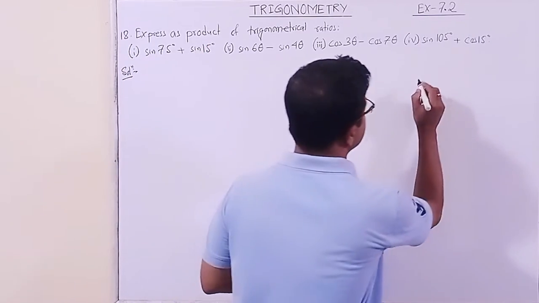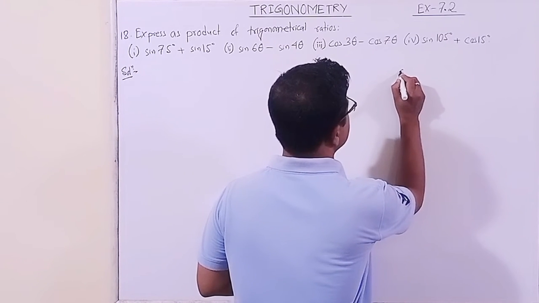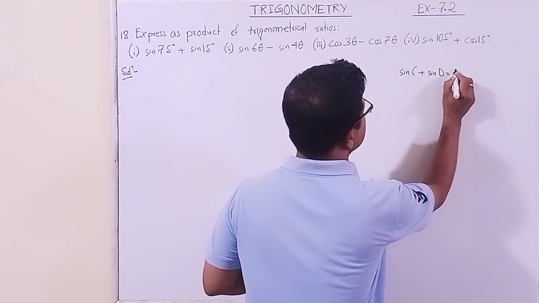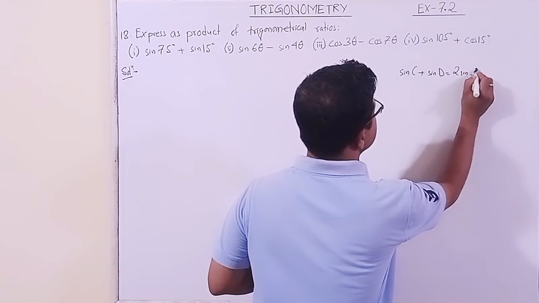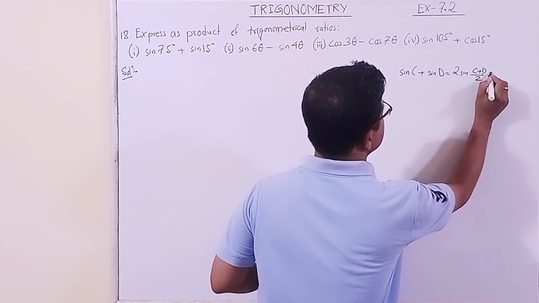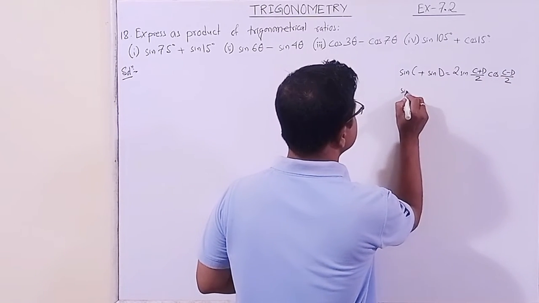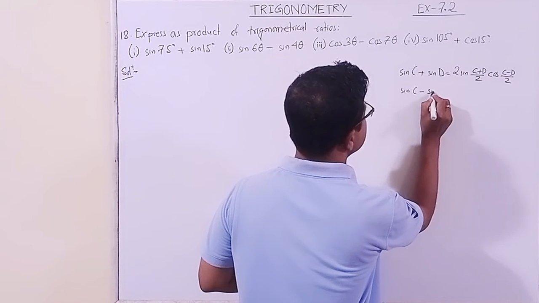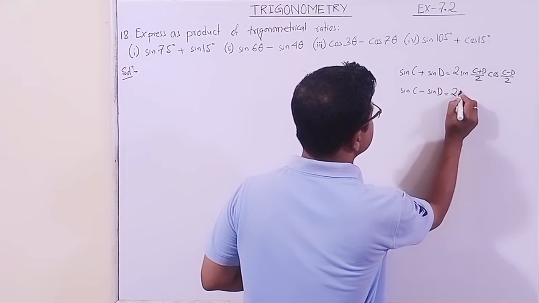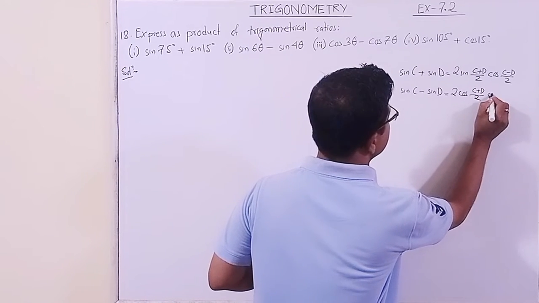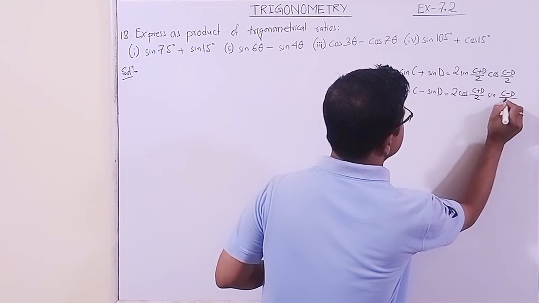Let us see. Here we already have this formula: sin C plus sin D is twice sin of C plus D by 2 cos of C minus D by 2. Then sin C minus sin D is equal to twice cos of C plus D by 2 sin of C minus D by 2.